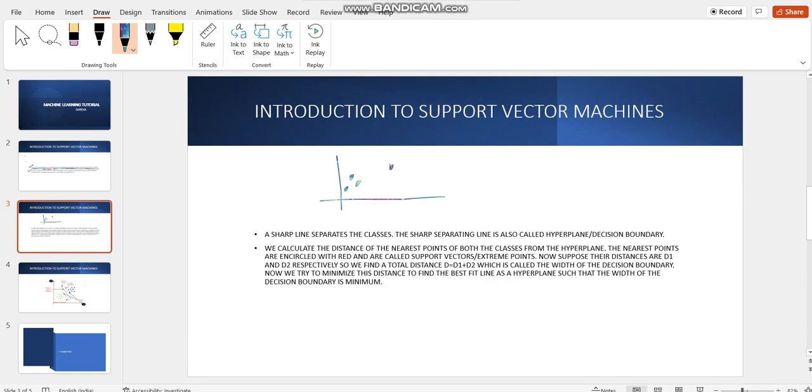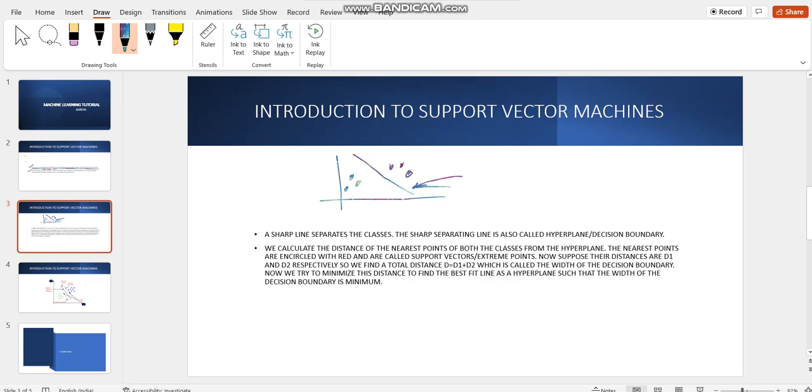Suppose this is a sharp line that separates them. This separating line is also called the hyperplane and decision boundary. It is called a hyperplane because it is separating the different classes. And we calculate the distance of the nearest points of both the classes from the hyperplane.